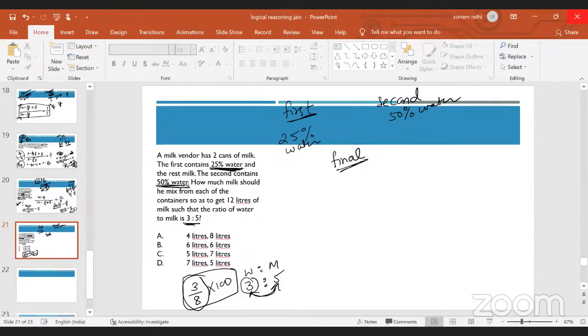This is 3 parts, this is 5 parts. So 3 parts out of 8 parts. So 3 by 8 percentage, 37.5%. Yes or no, water?